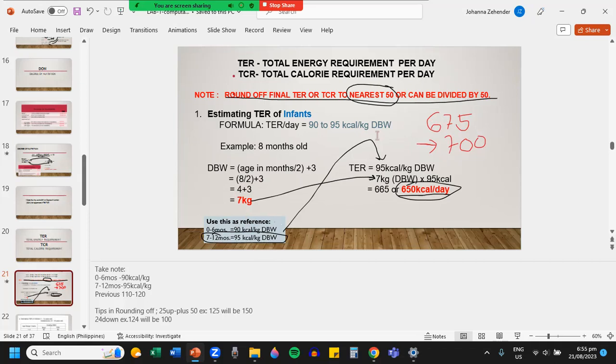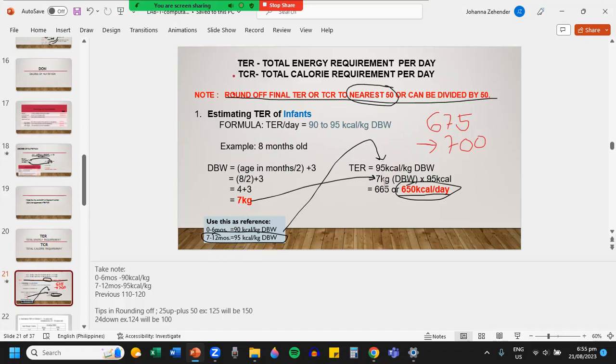So since your baby is 7 months, you're going to make use of 95 kilocalories per kilogram of desirable body weight.